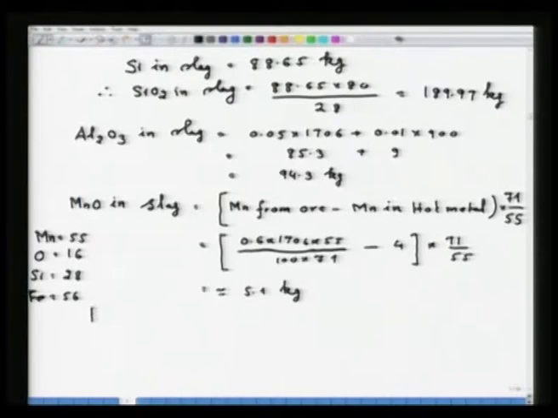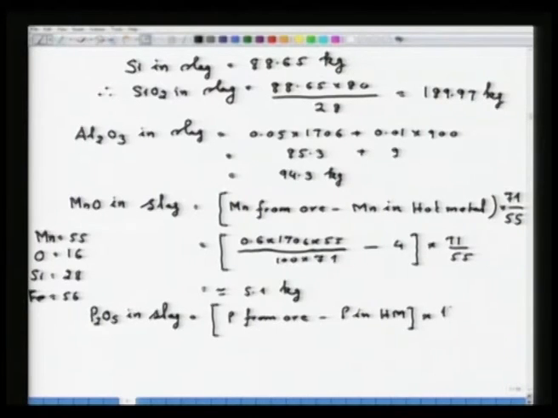Now, gradually we are building the amount of slag. Ultimately the amount of slag will be the sum total of all that we have calculated. Similarly, we have to calculate P2O5 in slag. That will be equal to phosphorus from iron ore minus phosphorus in hot metal, multiplied by 142 upon 62.